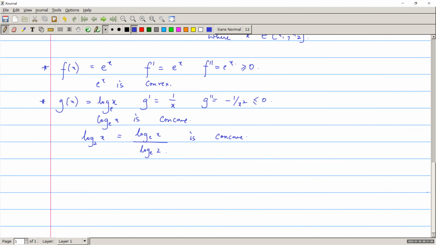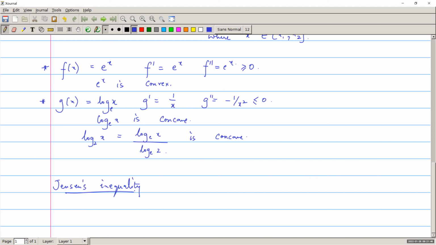Just to recall, Jensen's inequality is building on the definition of convexity or concavity.